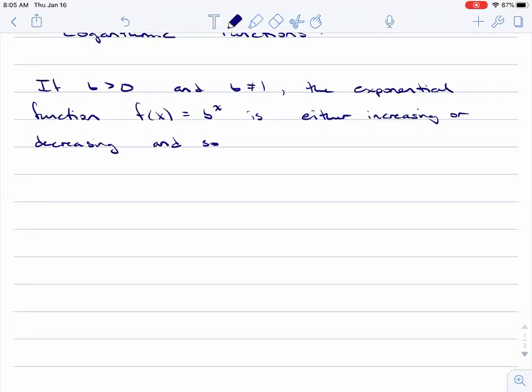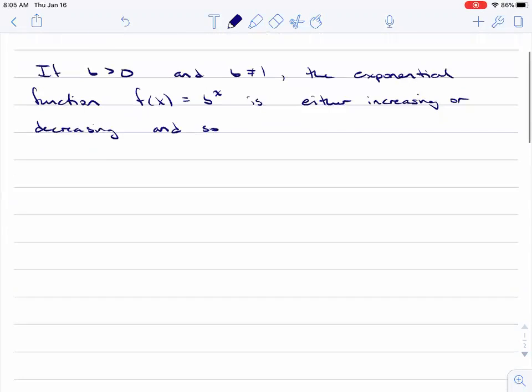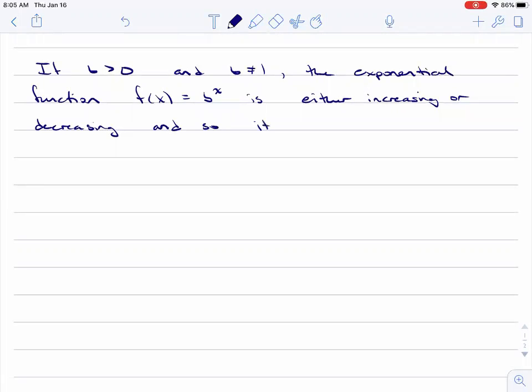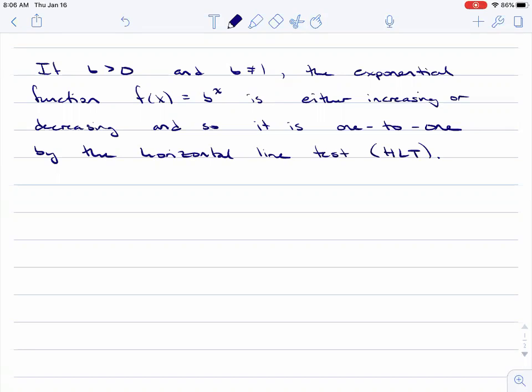If you can slice it like this and only hit one point on the curve, then you can say it's 1-to-1 and therefore invertible. Okay? And so it is 1-to-1 by the horizontal line test, which I will abbreviate HLT just in case we need it again.